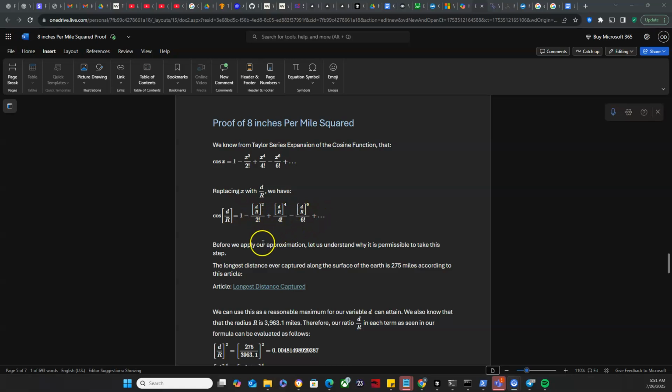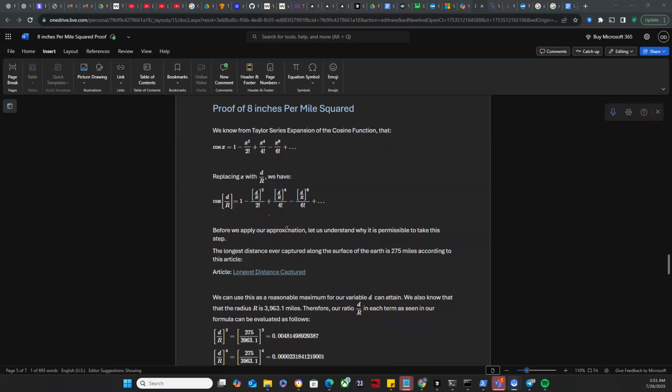Now, before we apply our approximation, because this goes till infinity, so it's still not yet an approximation, we need to also understand a few things. So I took the liberty of finding the longest captured distance, and it's 275 miles according to this article here.